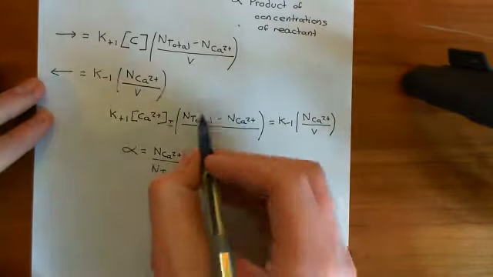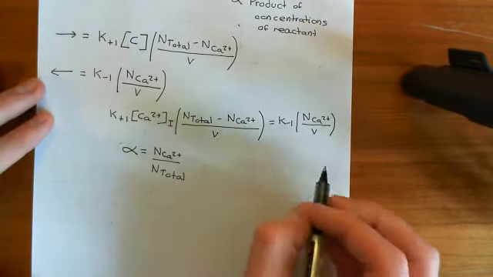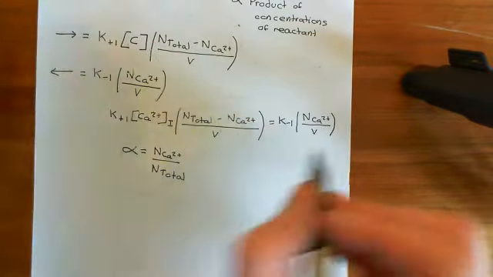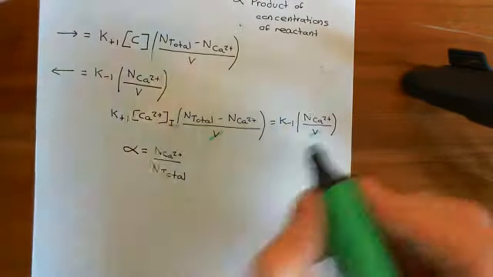So what we're now going to do is rearrange this equation to try and work out occupancy. The first thing we can do is cancel the V on either side.